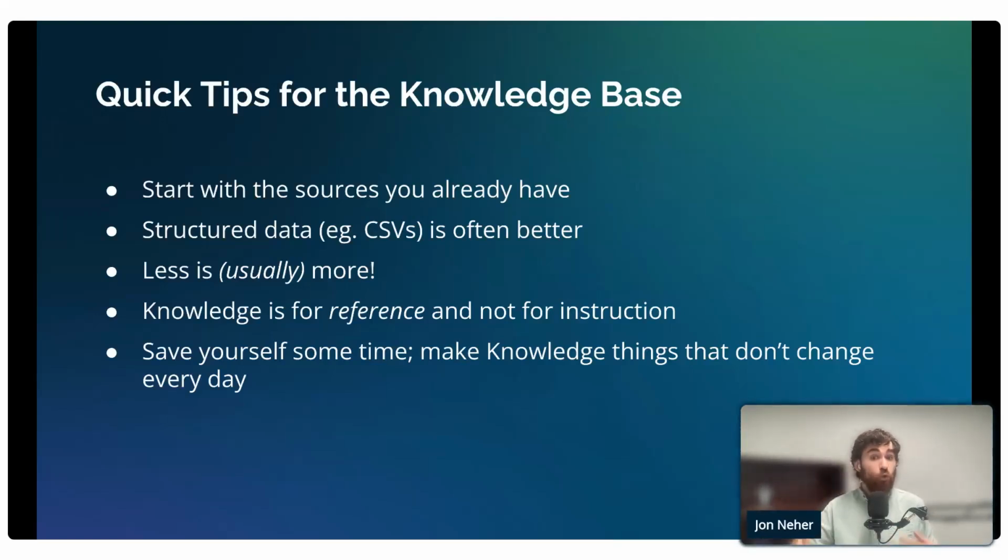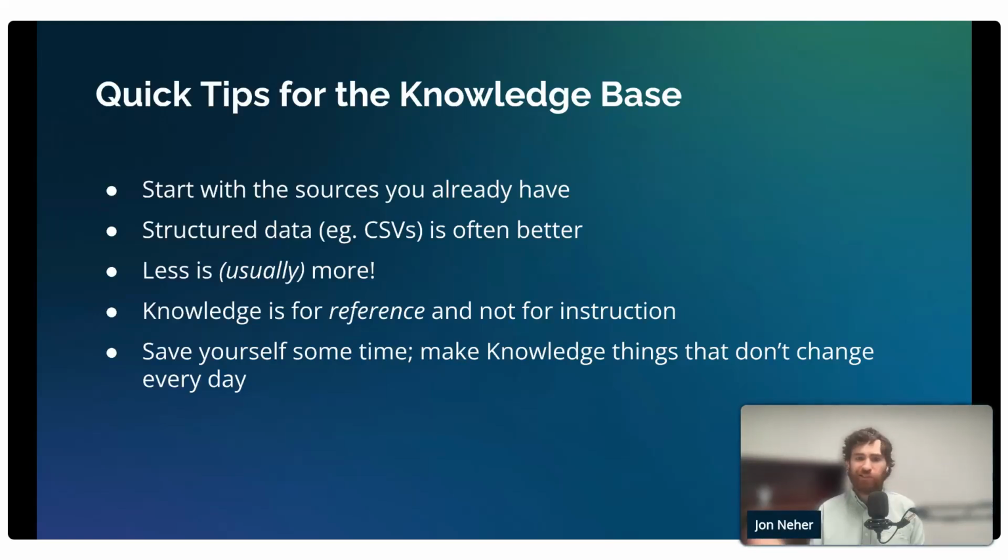So while you could add in a ton of knowledge, you're probably better off choosing really key pieces of information that the AI can reference. A key reminder here: knowledge is for reference and not for instruction. So don't try to get the AI to do specific things with knowledge. Knowledge is just to respond.